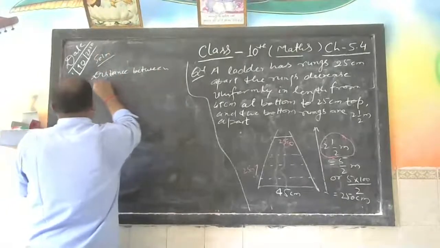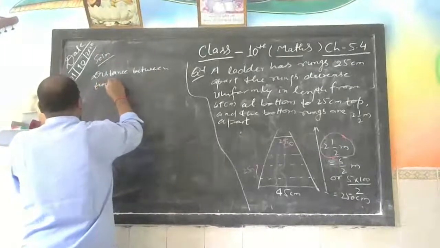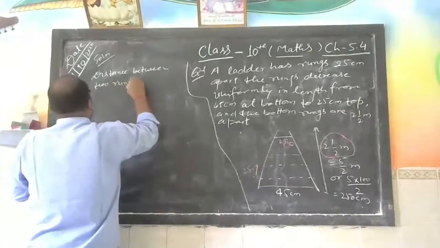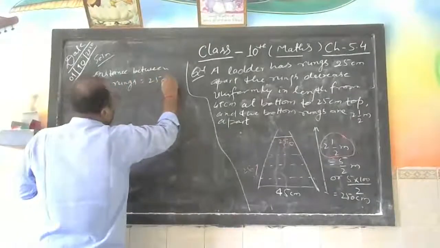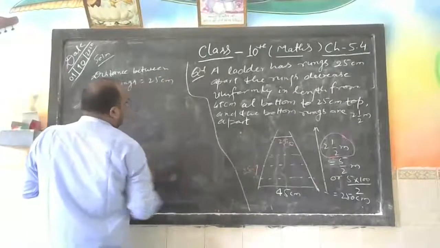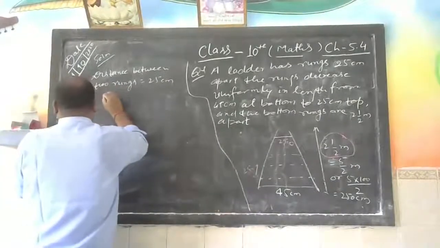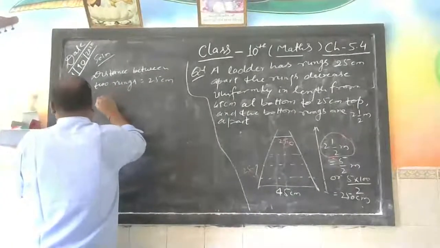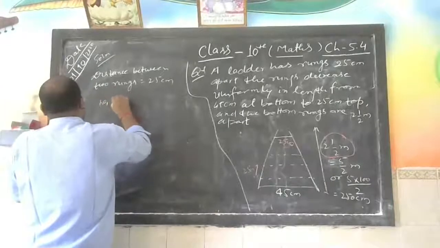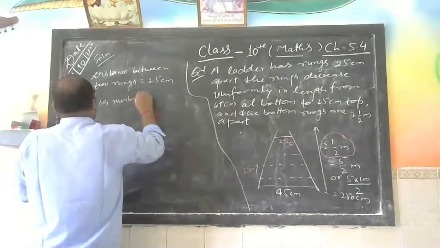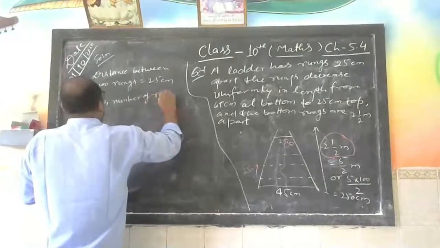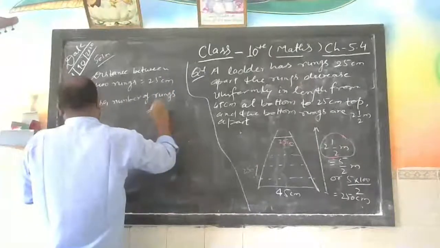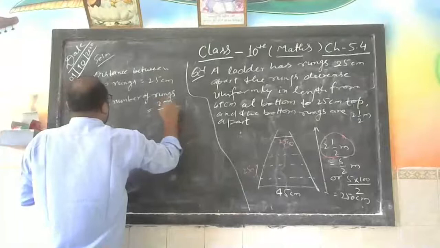Distance between two rungs is 25 centimeter, which is written here.